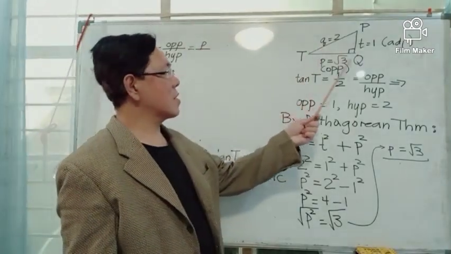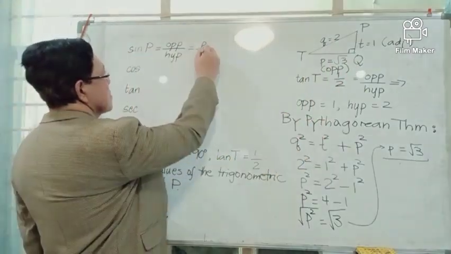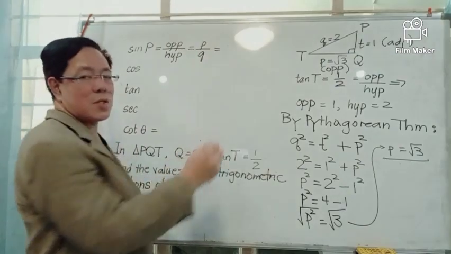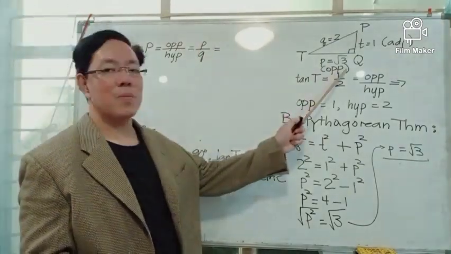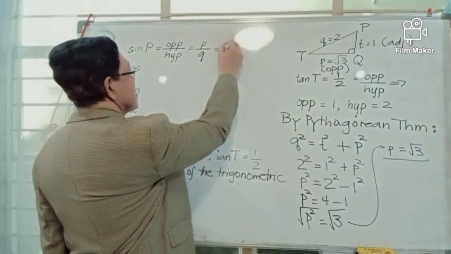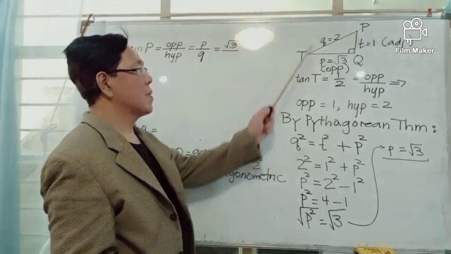The side opposite the right angle is small q. And substitute the lengths of these sides. Small p is square root of 3, and the hypotenuse q is 2.